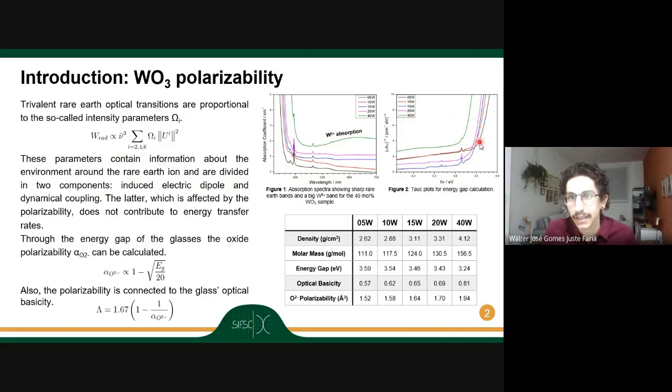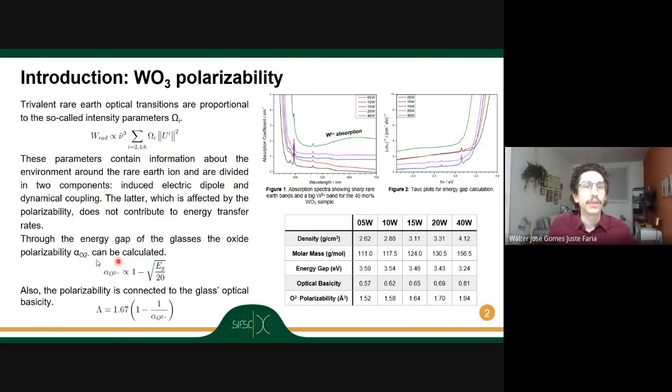So we can clearly see that the 5% glass has a higher energy gap than the 40% glass. And this is what is shown here. So the energy gap is decreasing. So if it is decreasing, we can expect an increase in the polarizability. Other things that increase with the addition of tungsten are the density, the glasses become denser, and the molar mass.